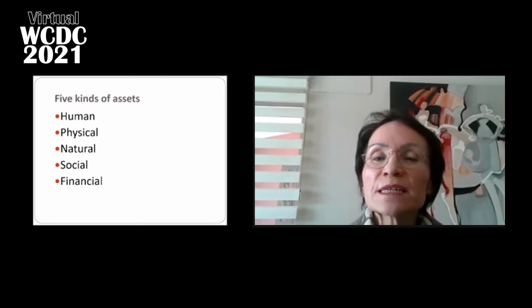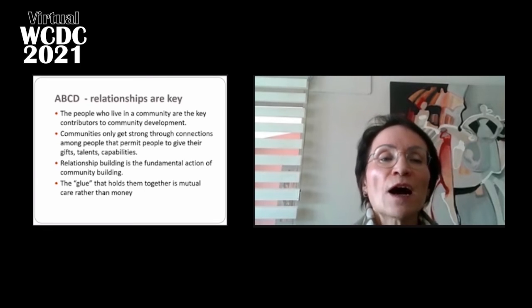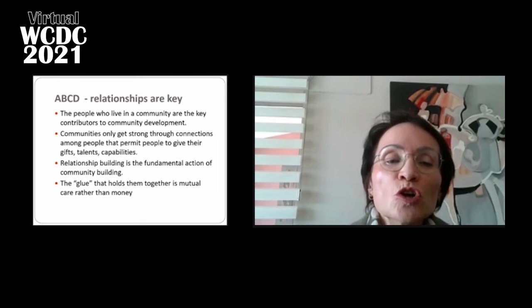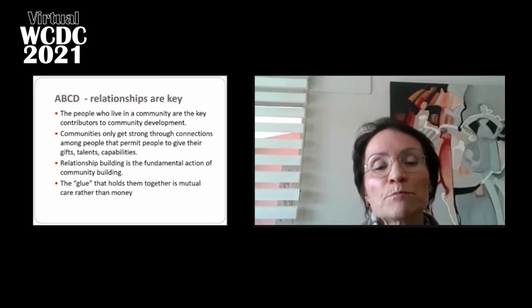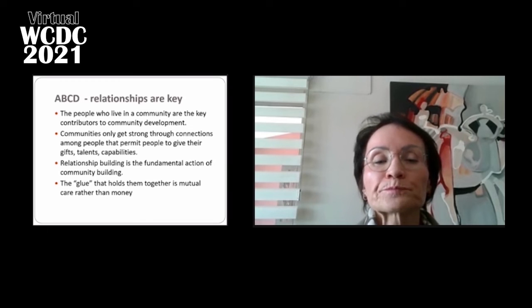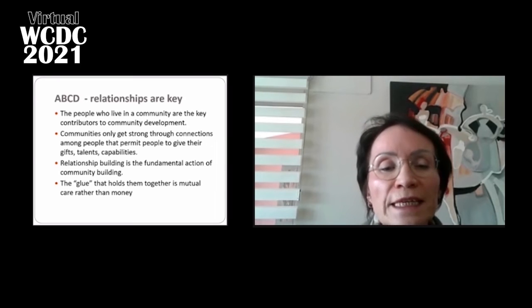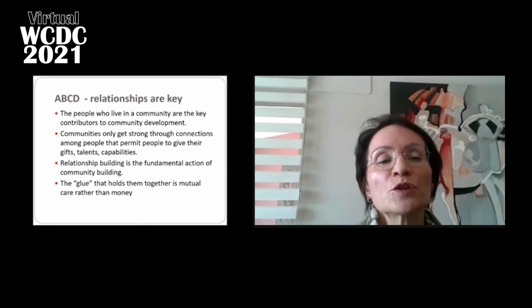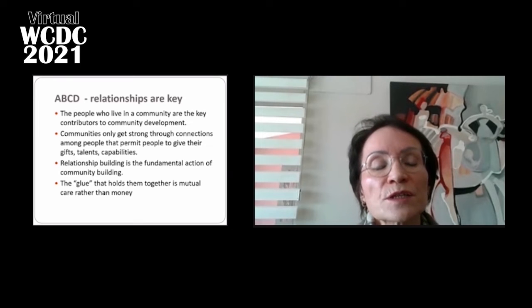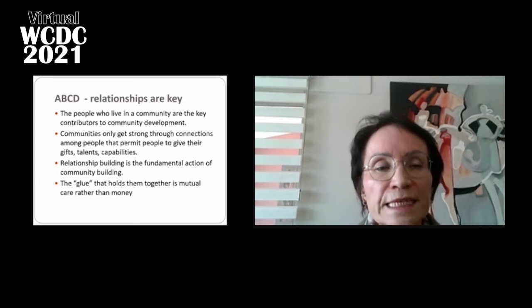But the most important asset is the social asset, because this is the glue that holds people together in a community. And by holding people together, by building good connectivity, people make use of the other different kinds of assets. So relationships are key in ABCD, asset-based community-driven development.